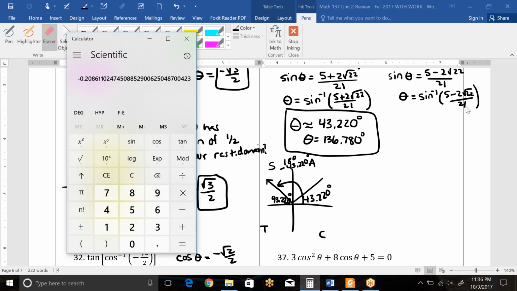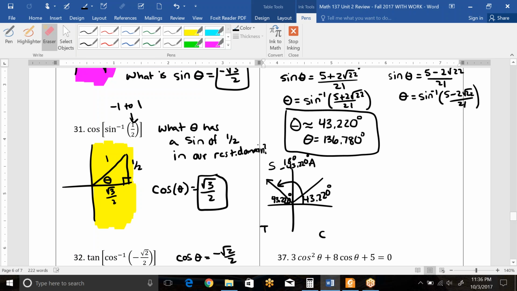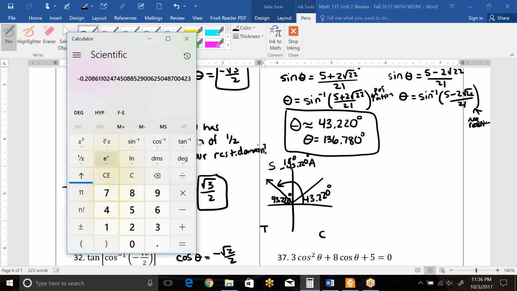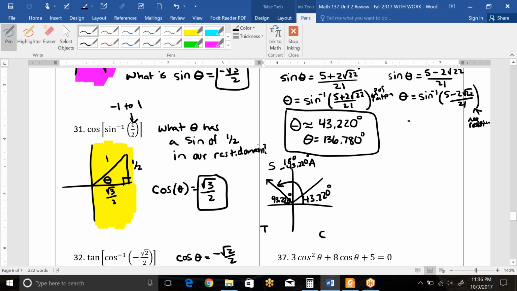Yep. So this is a negative ratio. At least I always mark that, so I know this one was a positive ratio and this one's a negative ratio. That's important for what quadrants you place your answer in. Now that we've got this decimal, we want to take the inverse sine of it in degrees, and that's negative 12.041.